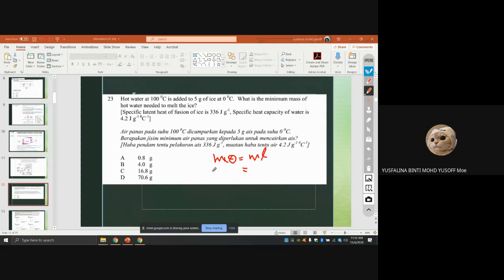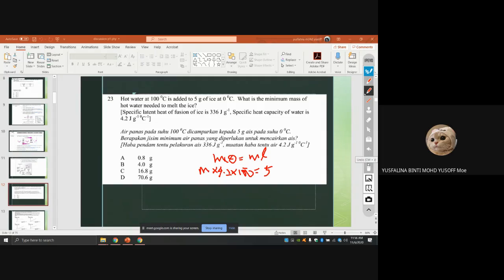So you need to find the m. The c is given, specific heat capacity 4.2, multiplied by theta, which is 100 because it goes from 100 to 0, so the change of temperature.